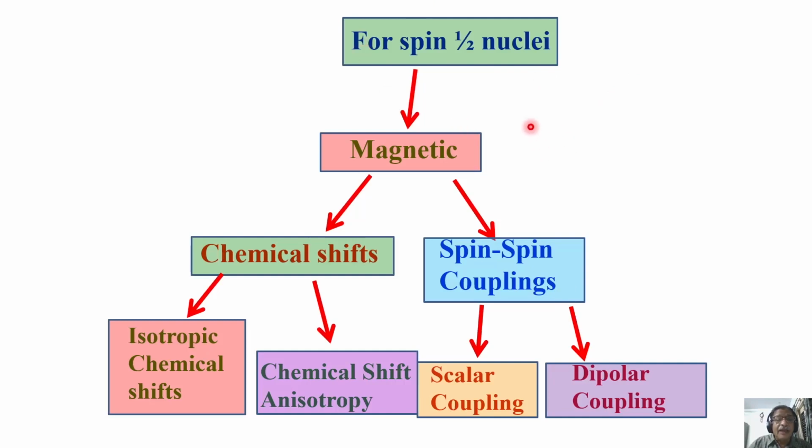We have only magnetic interaction, which I have already classified into 2 parts, chemical shifts and spin-spin coupling. Again, I showed you in the previous slide, we have isotropic and anisotropic parts of chemical shifts, spin-spin coupling, scalar coupling, and dipolar coupling.